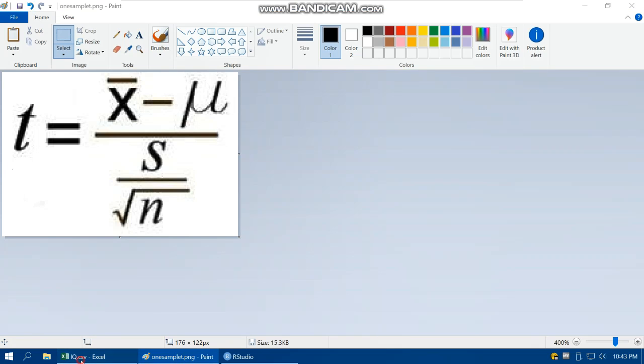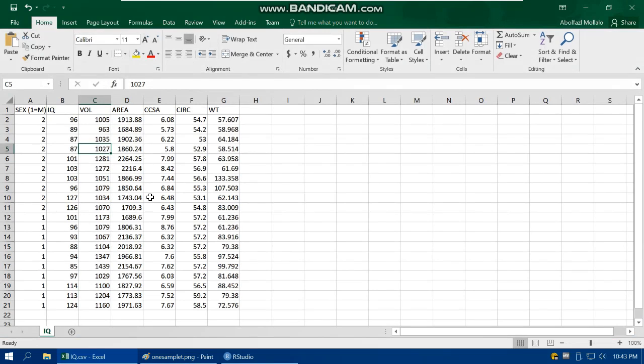So here we have a data set of 20 observations of 20 individuals, and we have their IQ level. Okay, and the data were randomly sampled from a hypothetical population. For example, a hypothetical country with a population average of 95.